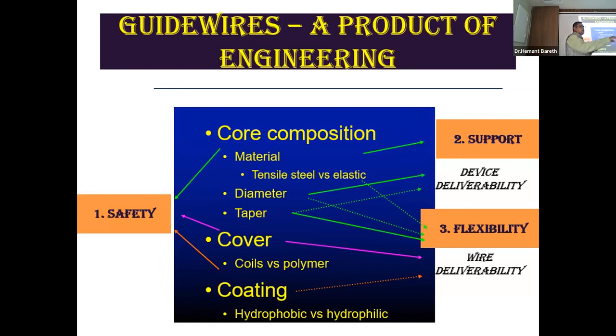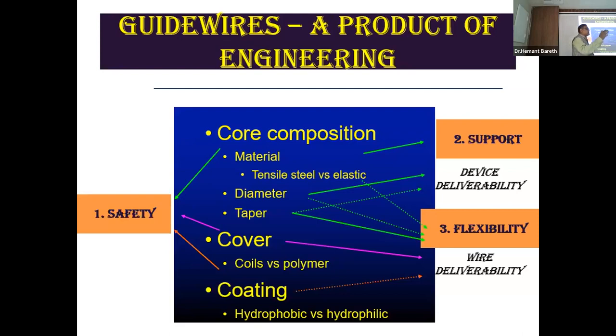So if you are going to put a balloon over that wire, a stent over that wire, an imaging catheter over that wire, a rota over that wire, everything requires support. So if the material is tensile, if the diameter is more, support will be more. But what you lose is flexibility.